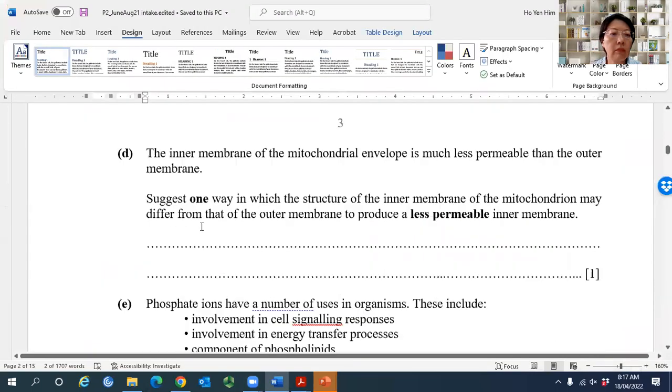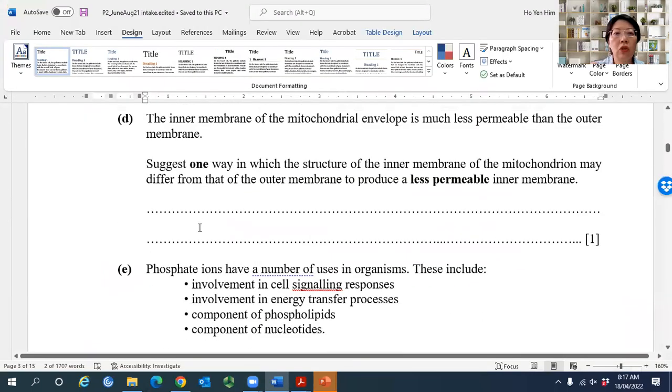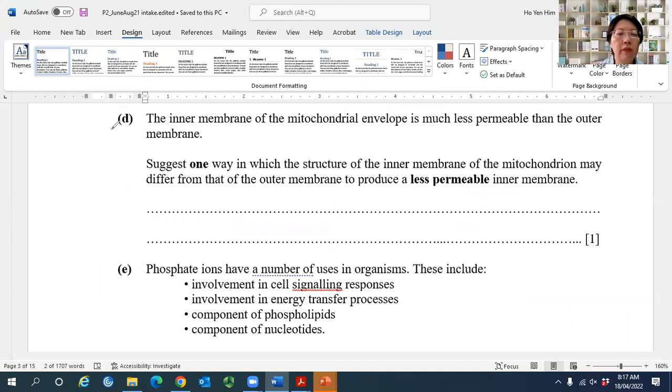D. So it says that, okay, this is a very interesting question. The inner membrane of mitochondrial envelope is much less permeable than the outer membrane. So it's less permeable. Okay, but I didn't say less permeable to what. So that means to say it can be less permeable to maybe water.